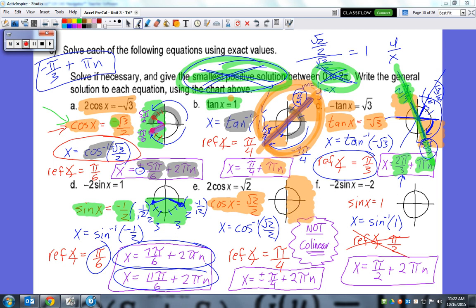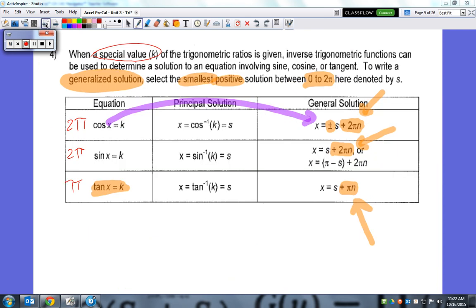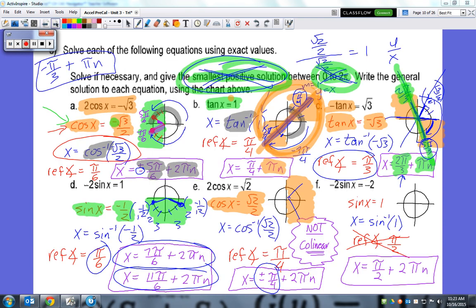And we want to know when it's root 2 over 2. Well, that's going to be at the 45s. So it's going to be a plus or a minus pi over 4. Okay, because cosine is an even function. Just on the slide before, we showed that it was going to be a plus or a minus right here for cosines. And we'll say plus or minus 2 pi n.